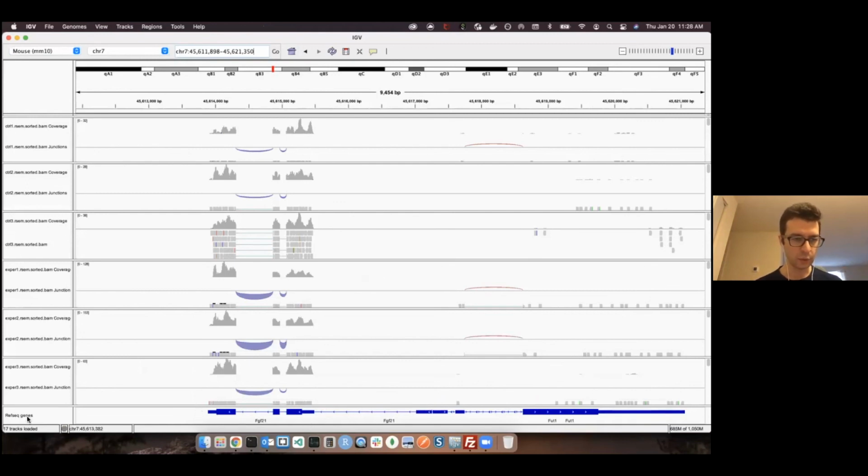As you can see, the reference RefSeq gene structure from the GTF file is located here, and then all my read information is located here. And I can compare the, by the way, these are the RSEM results. Sorry about that. I said STAR, but these are coming from the RSEM results. So you can compare the expression levels.